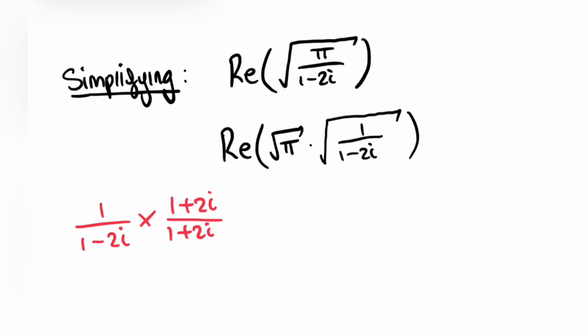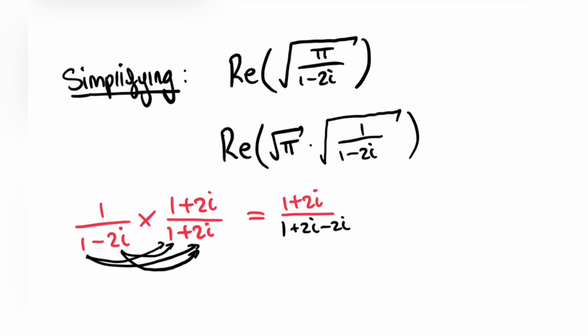That's just an exact copy of the complex number, but instead of a minus, we've got a plus, or if you had a plus, you would instead have a minus in the middle there. So up top, we're just going to have 1 plus 2i. And then in the bottom there, well, we've got 1 times 1 just gives you 1. We've got 1 times positive 2i, that gives you plus 2i. We've got minus 2i times 1, that gives you minus 2i.